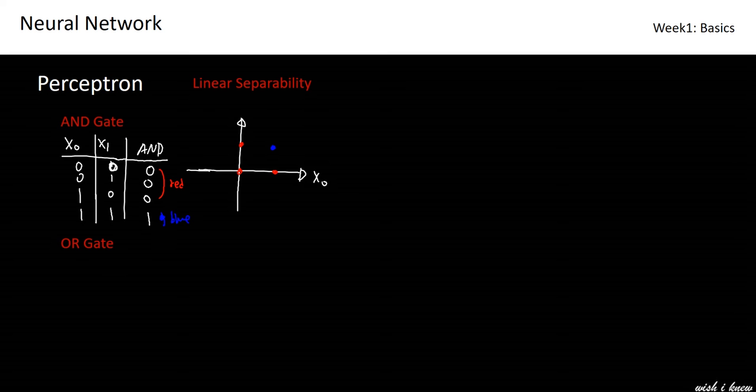These are x0 and x1. By just looking at this 2D distribution, we can draw a line, and then everything to the right of this green line is the blue region, and everything to the left of this green line is the red region. It's called linear separability because we can just draw a line and separate two classes.